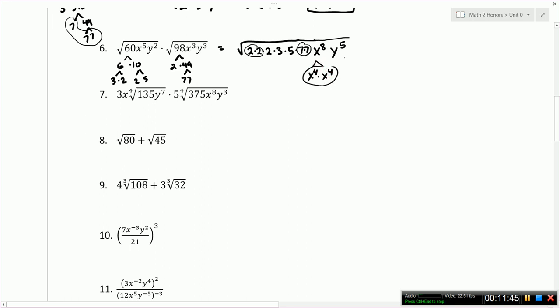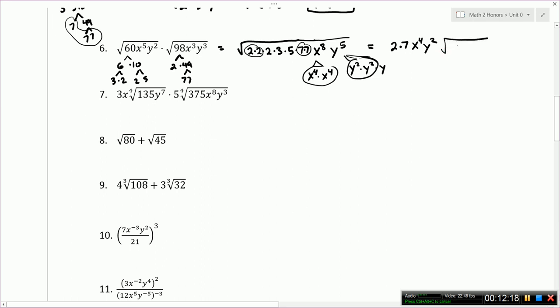Y to the fifth, we can break that into 5 y's, or we can see that as y squared times y squared times y, which is still y to the fifth. And we have a pair of y squareds. So as we simplify this, we're going to end up with 2 times 7 times x to the fourth times y squared on the outside of the square root sign.